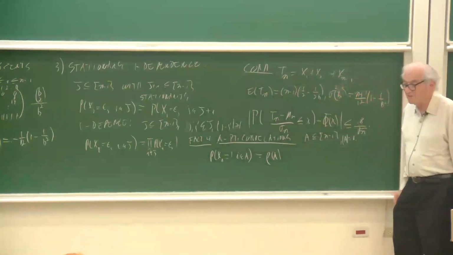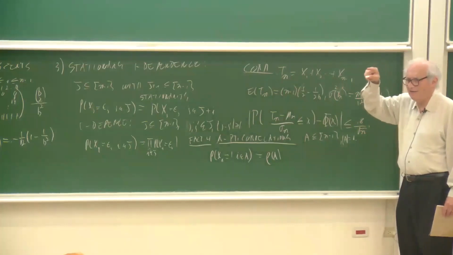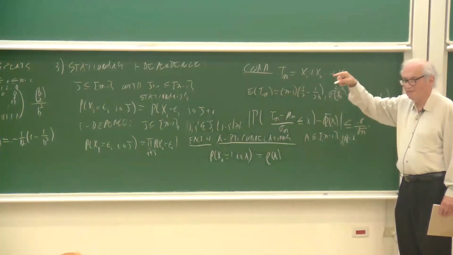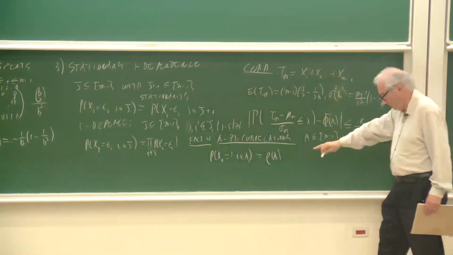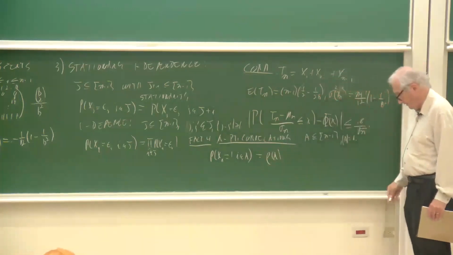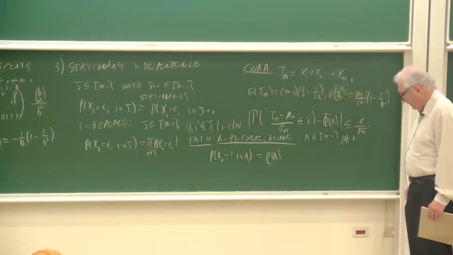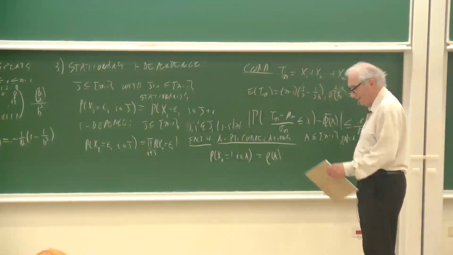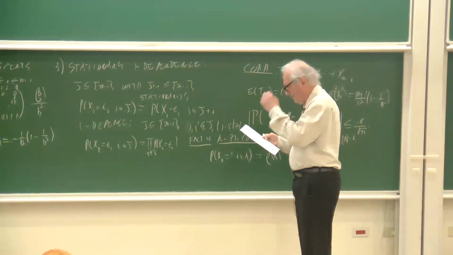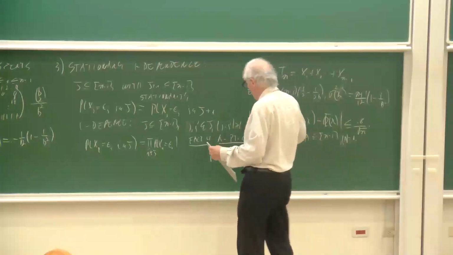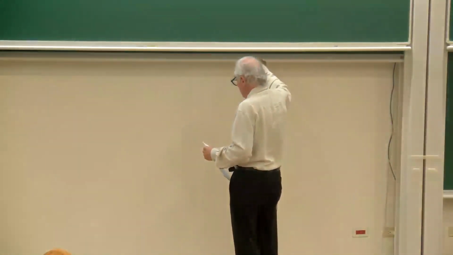I just defined it. So what's the chance that there's a carry in positions 1, 3, and 17, and maybe other places, but I'm not asking about that. I'm just asking what's the chance that there's a carry in those places. And this is nice. The fact is, well, maybe it's nice. Let's write it so you can see it.